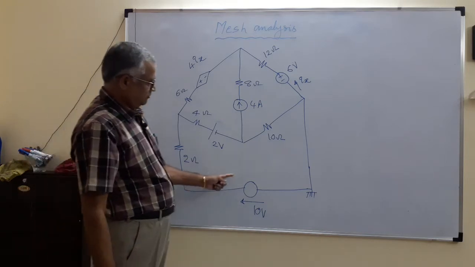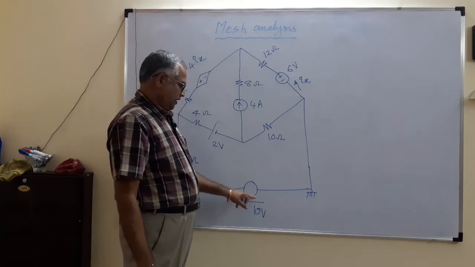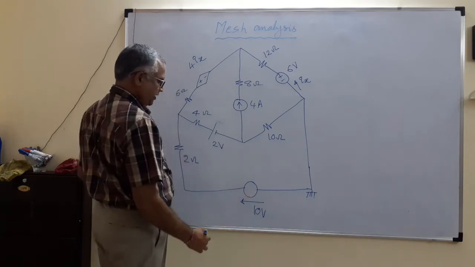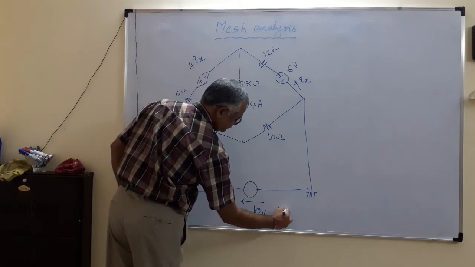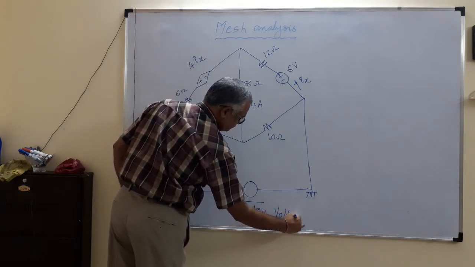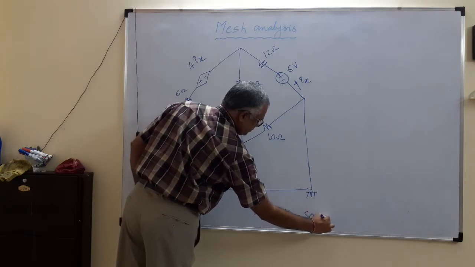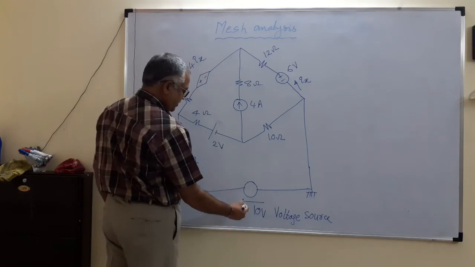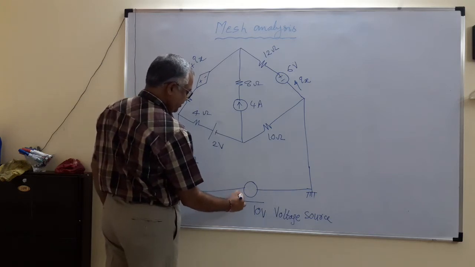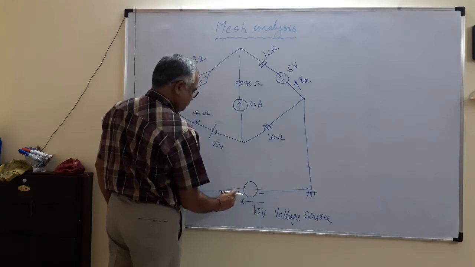So here I use a different symbol, but the arrow outside indicates again a voltage source only. This is a voltage source, and this is another voltage source symbol. This arrow, the head indicates positive, the tail indicates negative, plus minus.